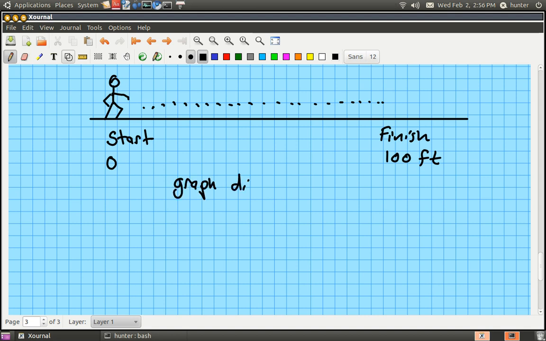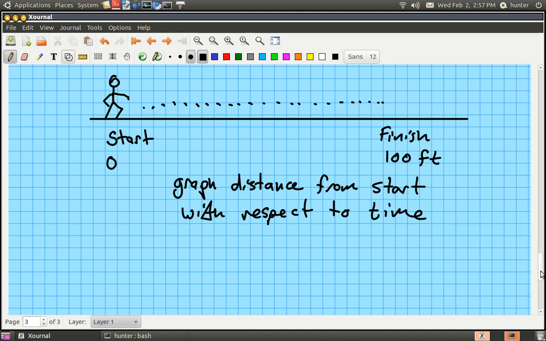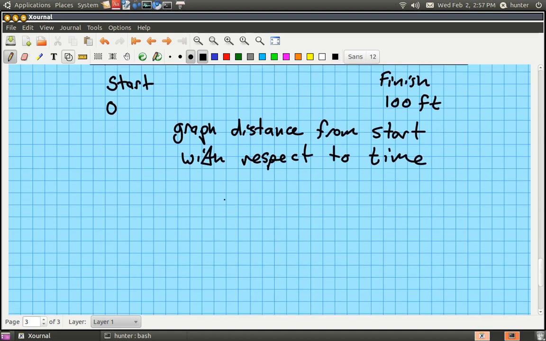I'm going to graph distance from the start, which is what I mean by location, with respect to time. Let me explain even more what I'm saying here.